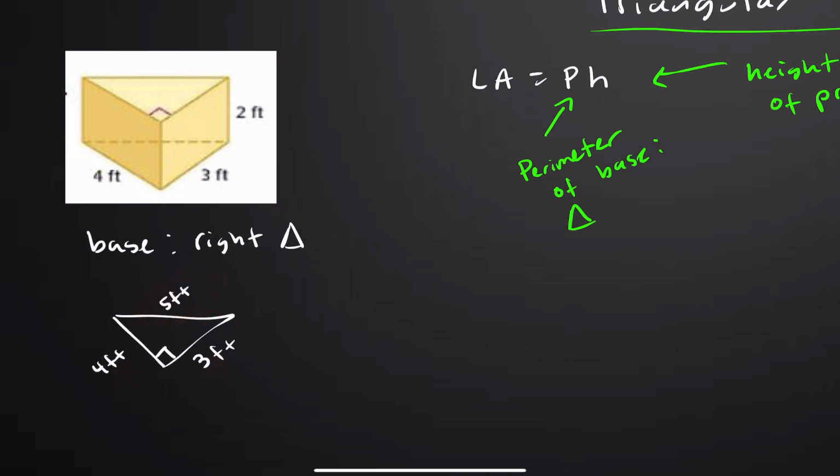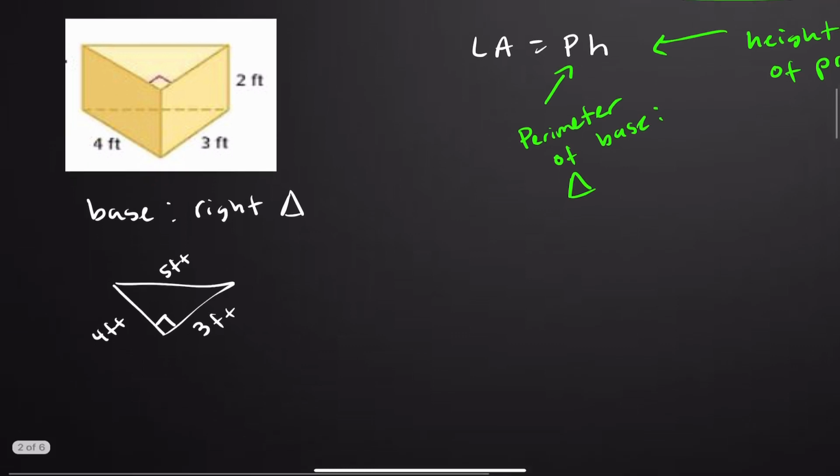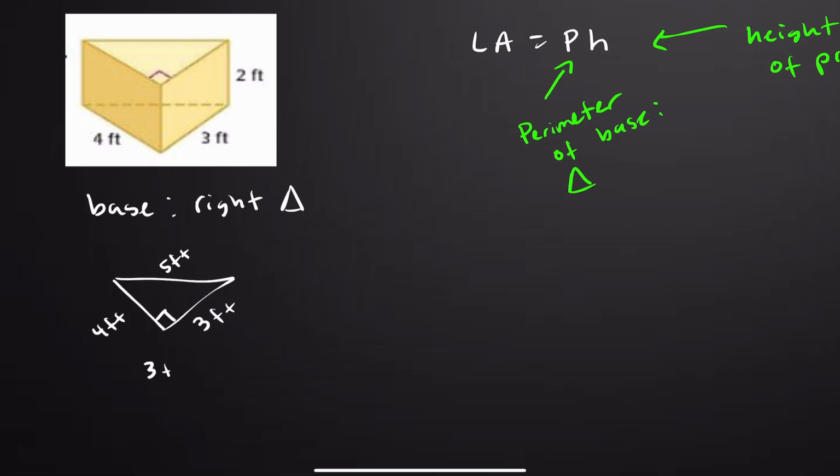And I'm using my Pythagorean triples to figure out that missing side length there. And now that I have all of the side lengths of this right triangle, I can easily find the perimeter of the base. So it's 3 plus 4 plus 5, and that should be 12 feet.